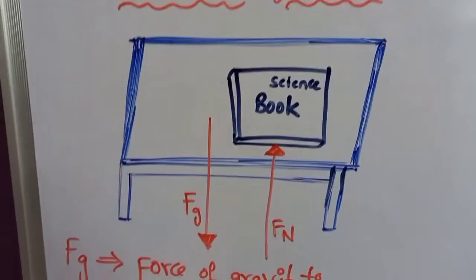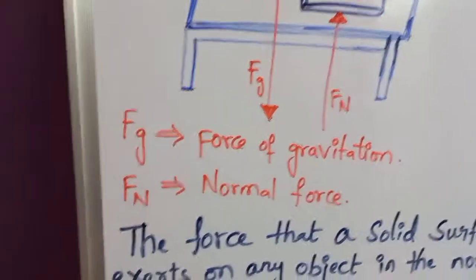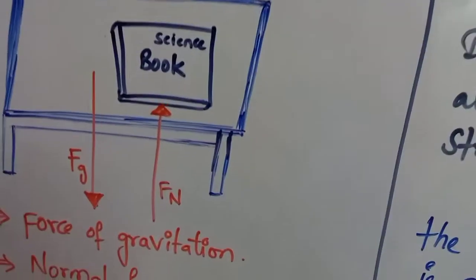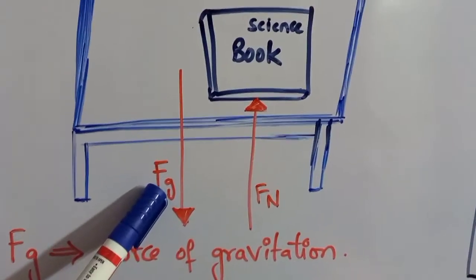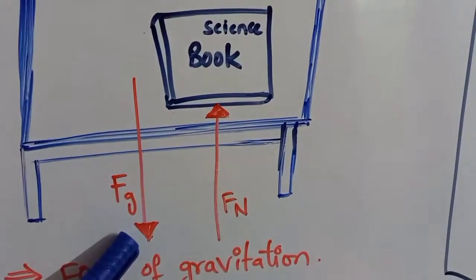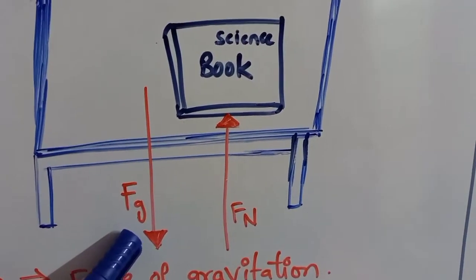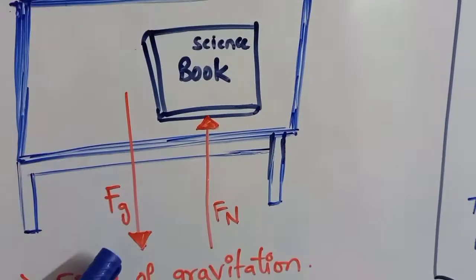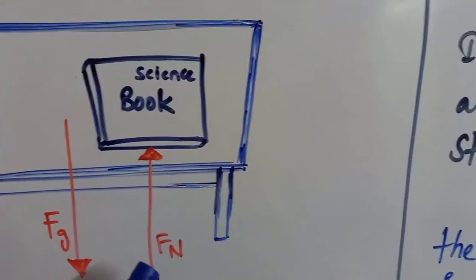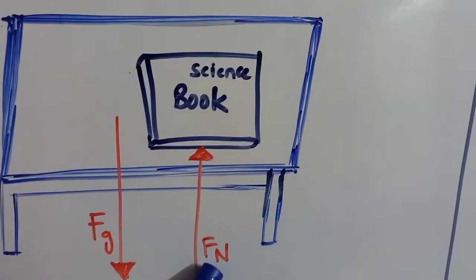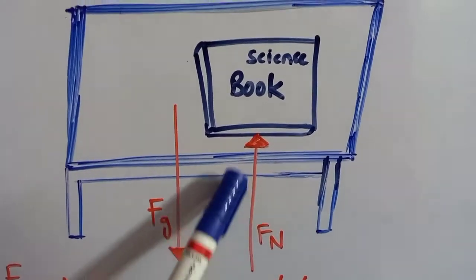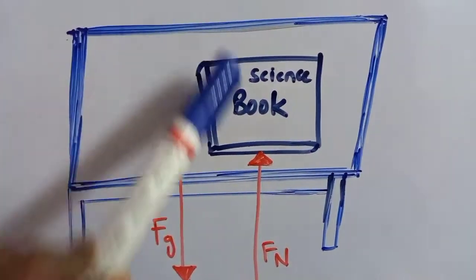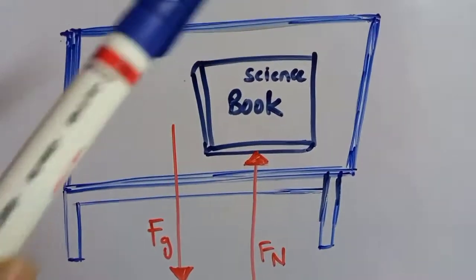So, perpendicular means at a right angle to the surface. See, this is Fg, that means it is the gravitational force. This is acting in the downward direction, as I have shown you with the arrow mark. And the normal force is acting in the normal direction. Normal is nothing but perpendicular to the plane of the surface.